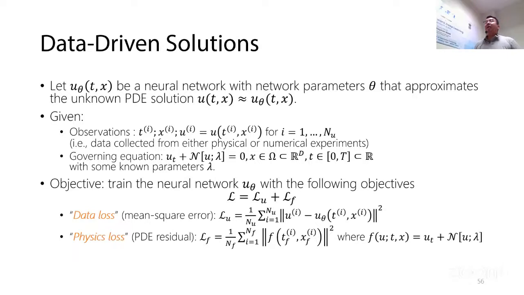From there, our objective is to train the neural network U theta, or figure out the optimal set of parameters theta that minimize the following objectives. One is the data loss, and the other is the physics loss. The data loss is the usual mean square error, and the physics loss is, like we saw, the residual of the partial differential equation.